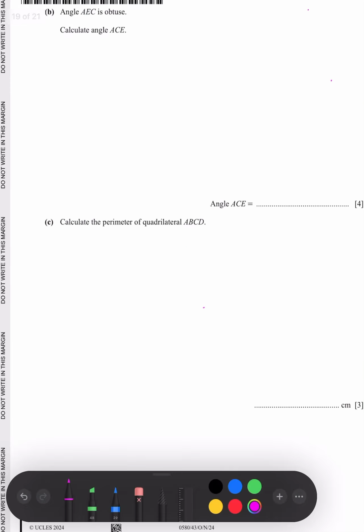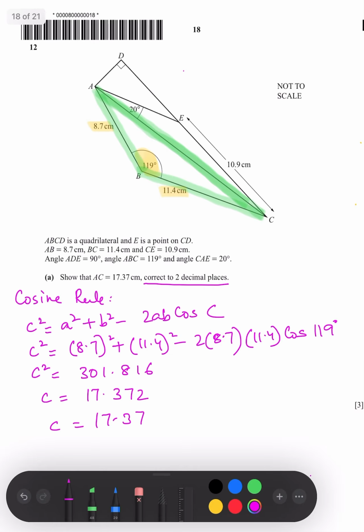Okay, so next part. Angle AEC is obtuse. Calculate angle ACE. Angle AEC is obtuse, and we have to calculate ACE, this angle. So first we have to calculate AEC.